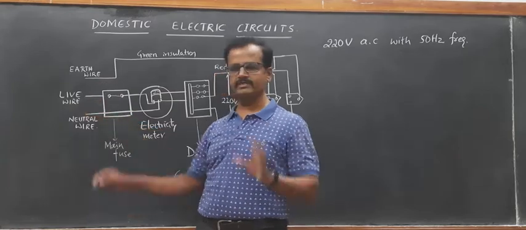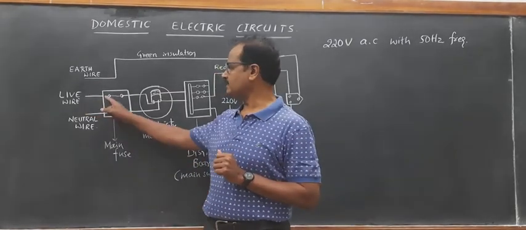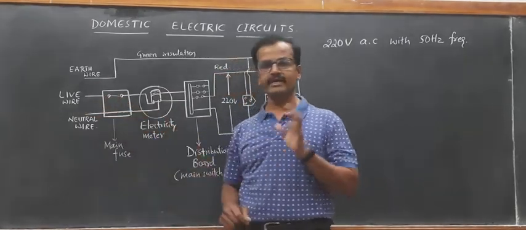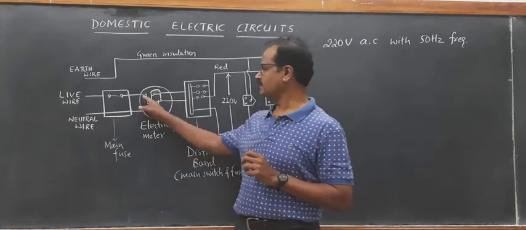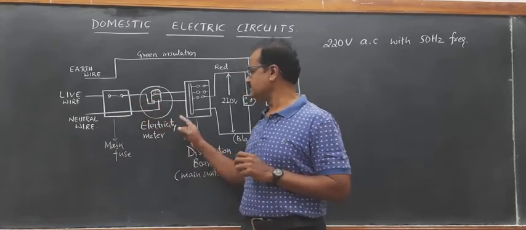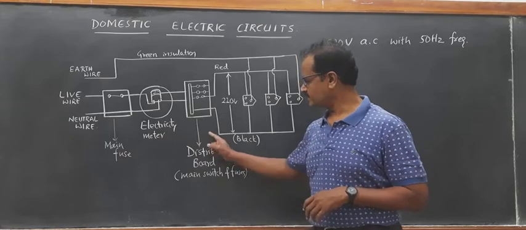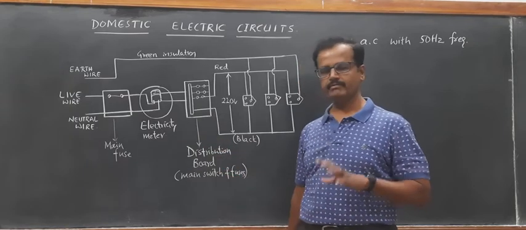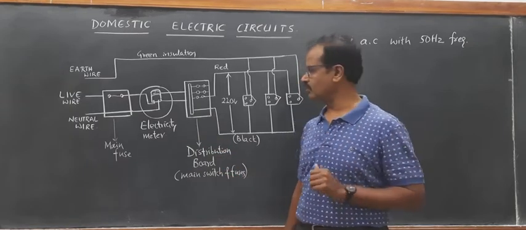The live wire is the one which carries the electric current and is first connected to the main fuse, and then it is connected to the electricity meter, and then to the distribution board, the main on-off switch board.